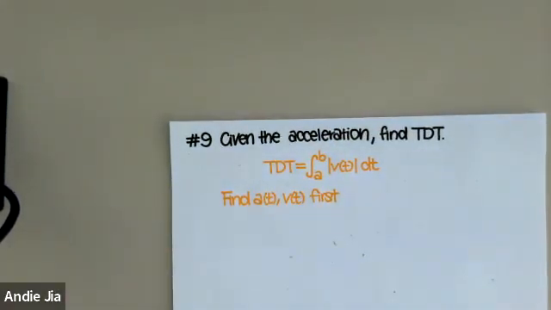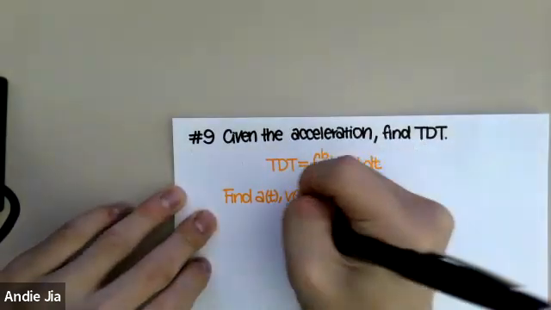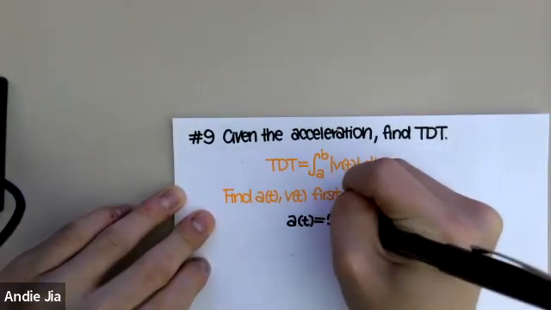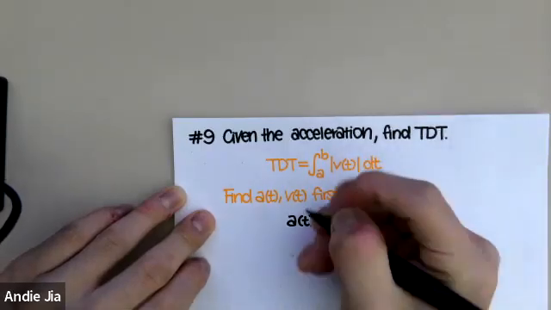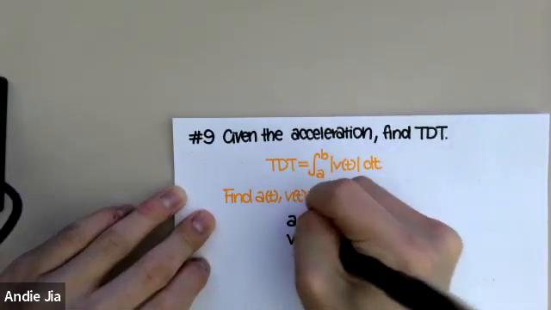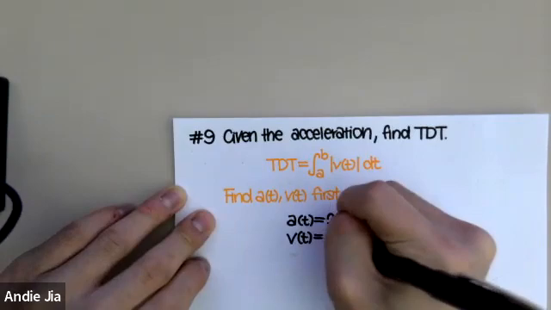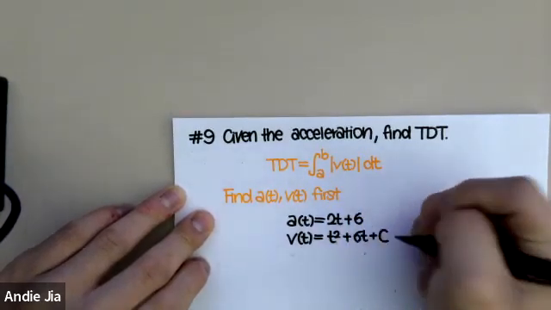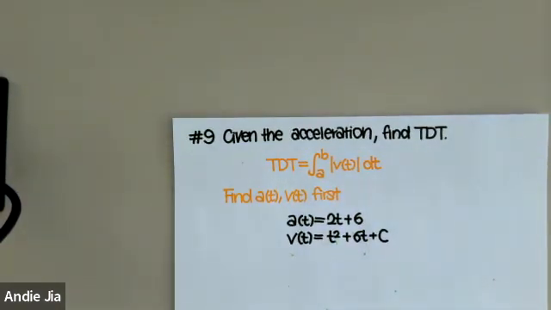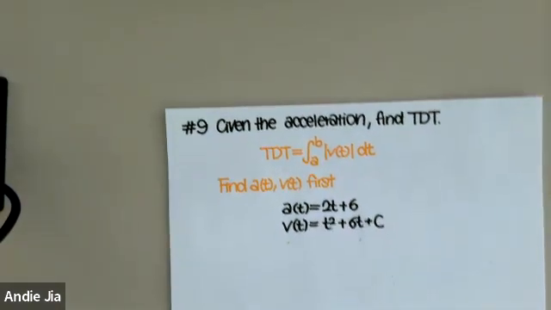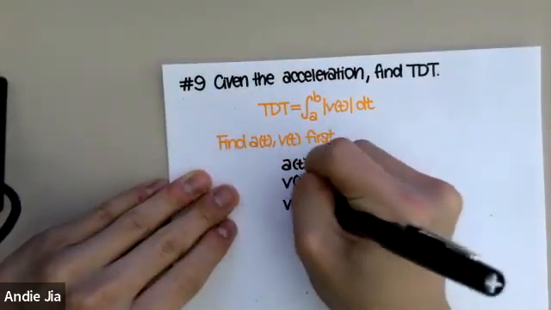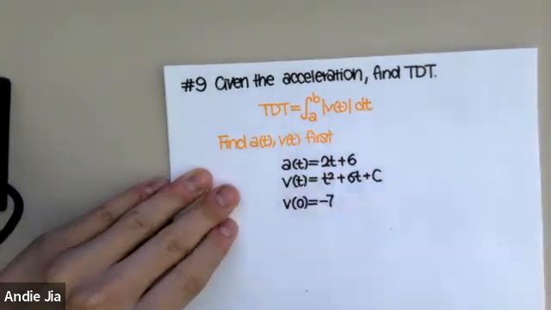Here we have a(t) equal to 2t plus 6. The v(t) is equal to t squared plus 6t plus C. And we have the given initial condition, v(0) equal to negative 7.